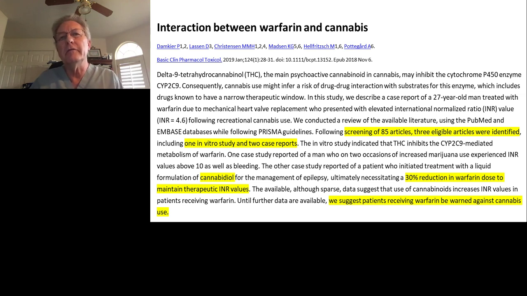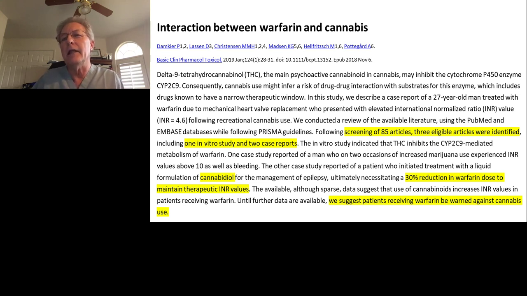So January of this year, there was a review of the literature, and they looked at 85 articles, which distilled down into 3 eligible articles to look at one in vitro study that indicated THC inhibits the cytochrome P450 mediated metabolism, and then 2 case studies, one where a man on 2 separate occasions increased his marijuana use and experienced an increase in his INR.